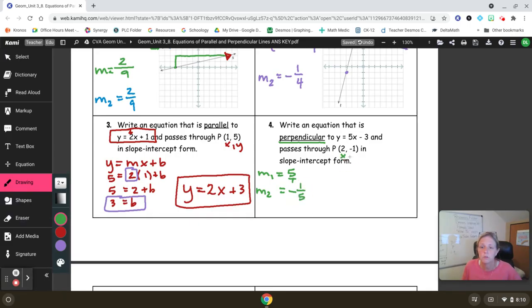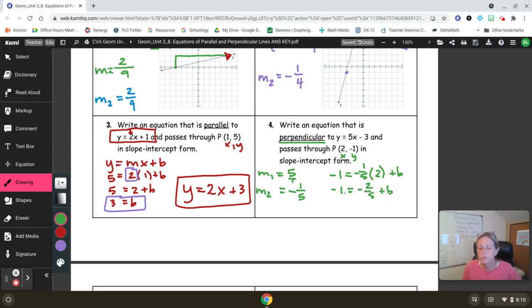We're going to substitute in 2 for x, and we're going to substitute -1 for y. So we'll have -1 equals, my new m, make sure you're using m2, is -1/5 times my x, which is 2, plus b, and we're using this to find our slope-intercept. So -1 equals -2/5 plus b.